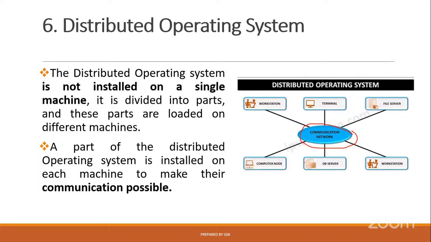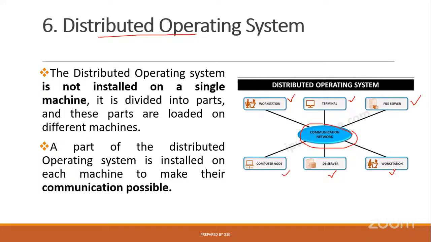It is divided into parts. The operating system, the system software, is divided into some parts, and these parts are loaded on different machines. I have this distributed operating system, which is a software, and some part of that software is loaded here, and another part here, and another part like that. Different parts are stored in the different machines.